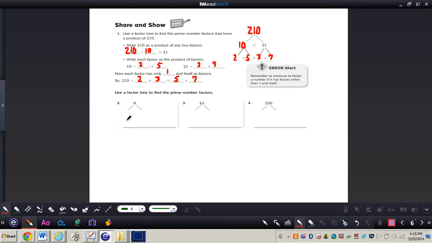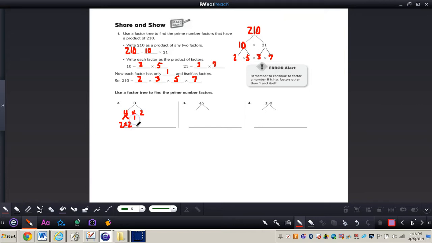Okay, let's take a look at number 2. What we can do first of all is use the factor tree to find the prime number factors. So we can start out with 4 times 2 for our first step. Then from here we cannot break 2 down anymore, so we're just going to break 4 down: 2 times 2.